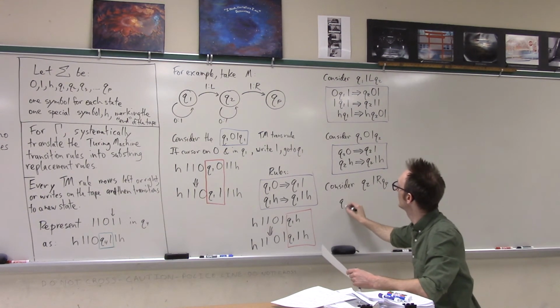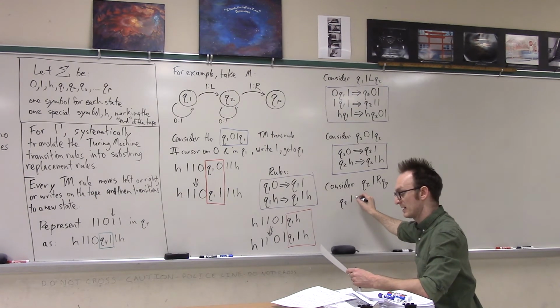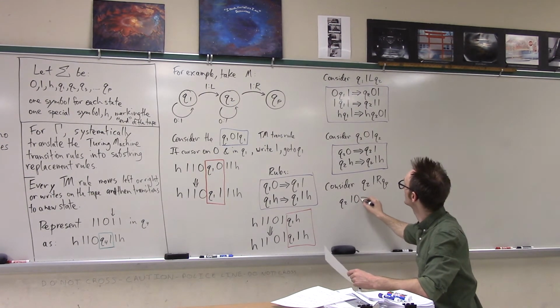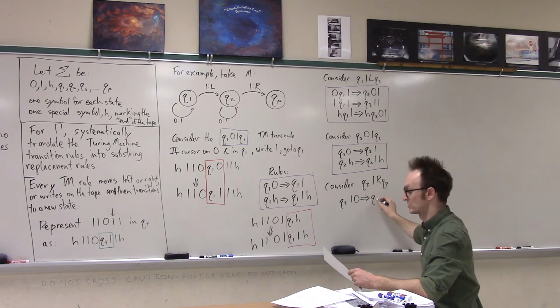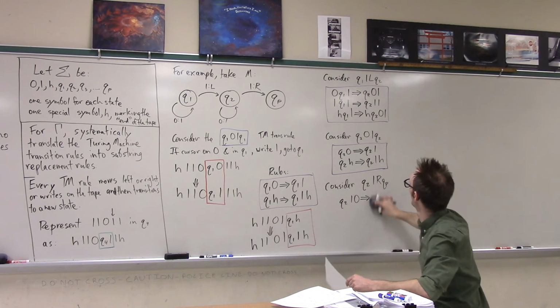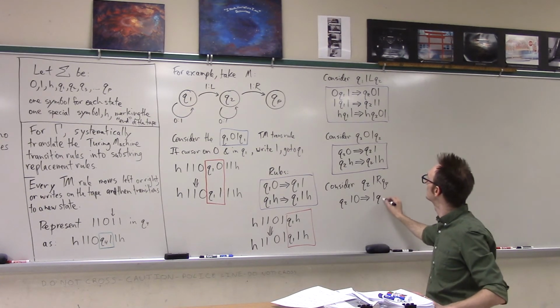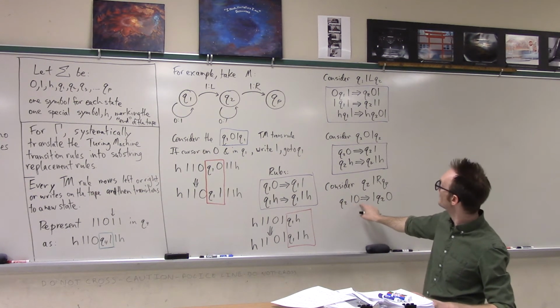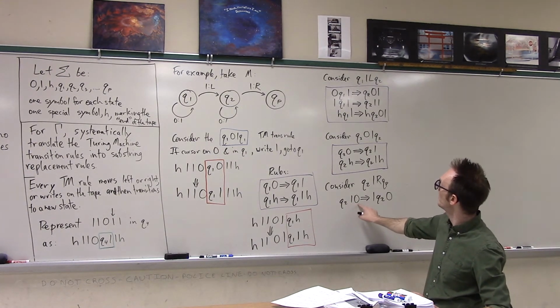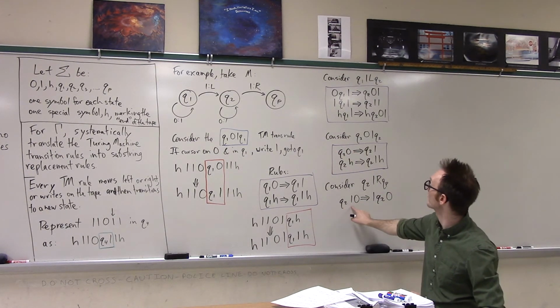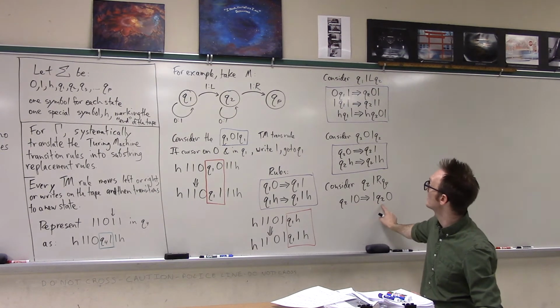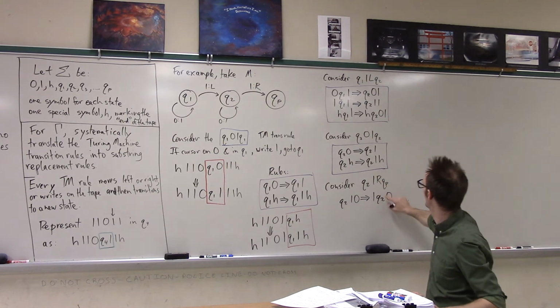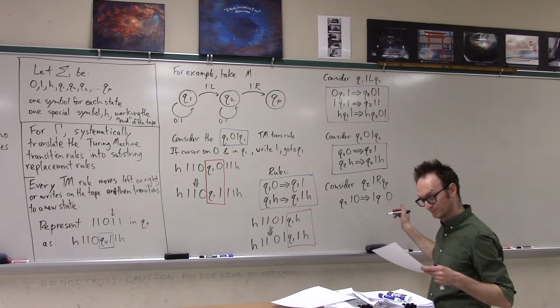So if I have Q2 1 0, I should go to 1 Q2 0. In other words, if I'm in state Q2 and I read a 1, and my cursor's on the 1 and there happened to be a 0 on the other side of that 1, then I'm supposed to move right and go to, no, I'm supposed to go to QP here.